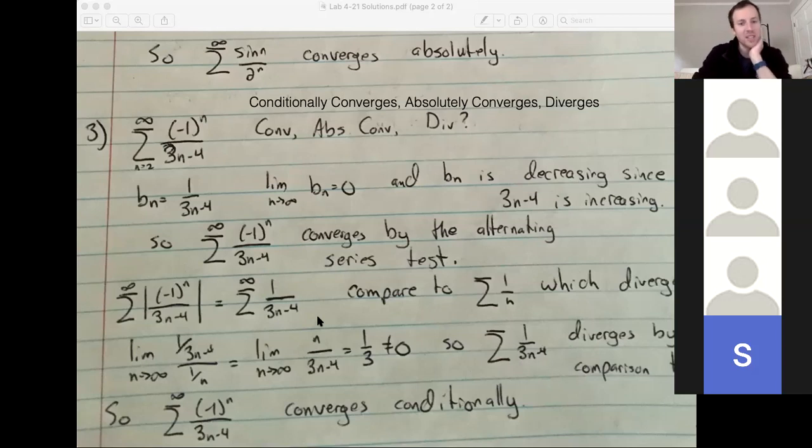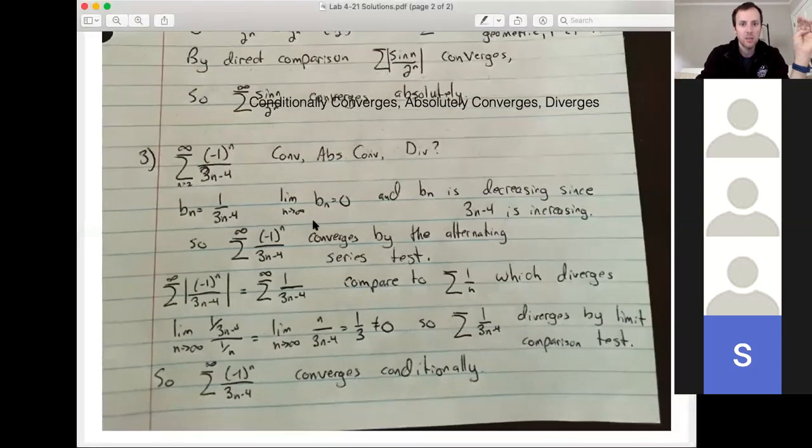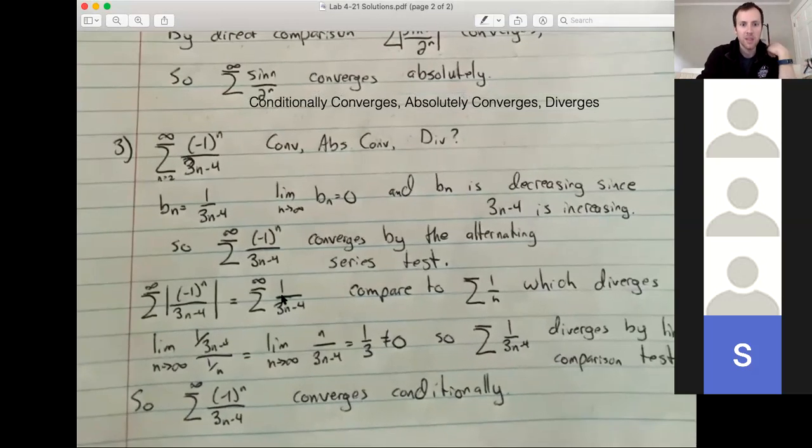And in looking at this, you can say, well, the -4 doesn't do very much, and a multiple of 3 doesn't do very much. The important part of this series is that there's an n. And so we can compare this series to 1 over n, and 1 over n diverges.